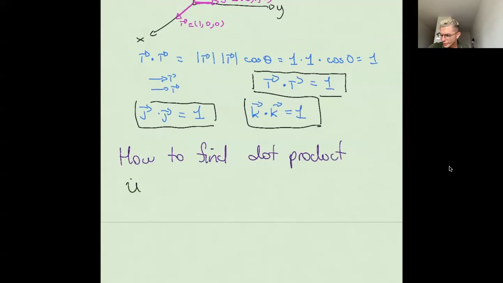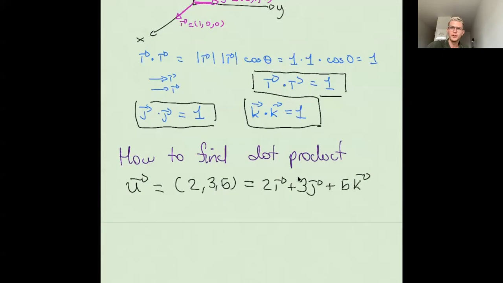Say you had a vector u which is (2, 3, 5). That's really the same as 2i plus 3j plus 5k, just because i is (1, 0, 0), j is (0, 1, 0), and k is (0, 0, 1).